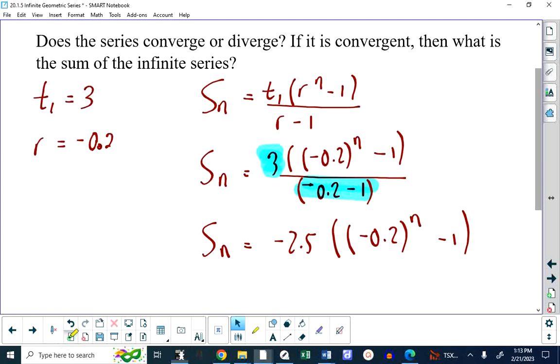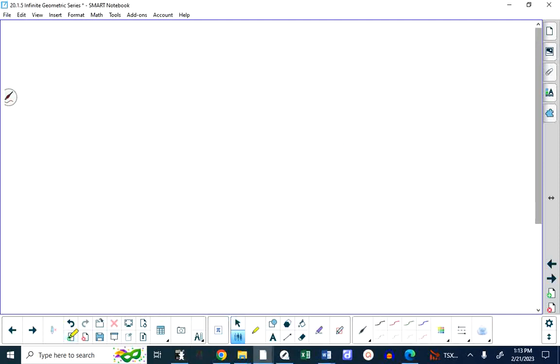In fact, you know what, before I do, is this the first term? Can you confirm that the next term is negative 0.6? I'm not talking a sum. I'm just saying if we take 3 times the common ratio, we get negative 0.6. And can we confirm that the next term is positive 0.12?